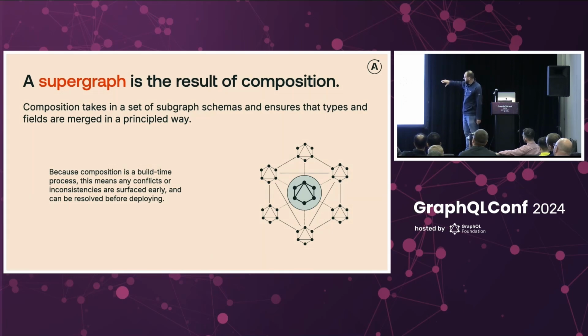What's also important is that composition is a build time process. So this happens before you actually deploy a subgraph. It means that composition is able to detect conflicts, naming conflicts, or dependencies that are not satisfied. You really want to surface these early, before deploying, to ensure that you won't break the client API if you make a change to just one of the subgraphs.